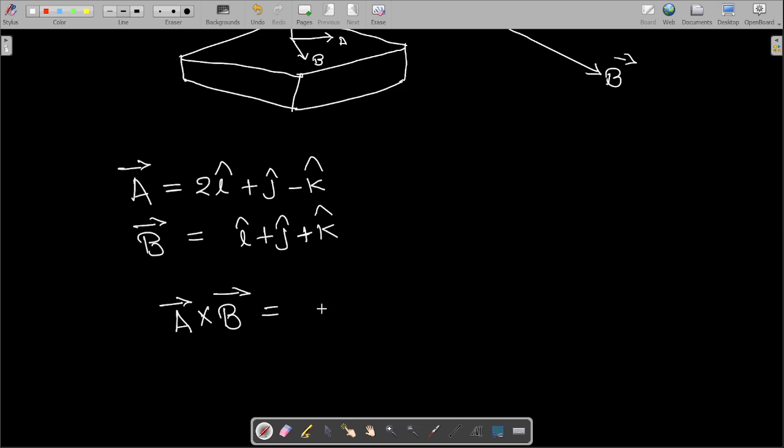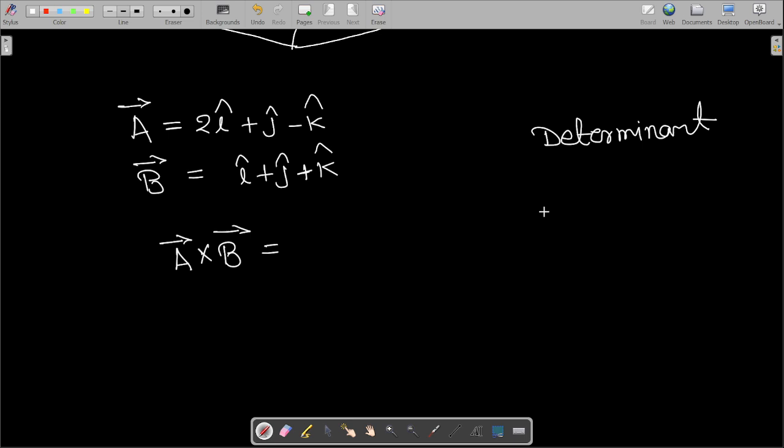I hope all of you are familiar with the term determinant. So to find the cross product of two vectors, we would do the determinant of those vectors. How? First of all, we will write the direction vectors, that is i cap, j cap and k cap. Then we will write the coefficients.